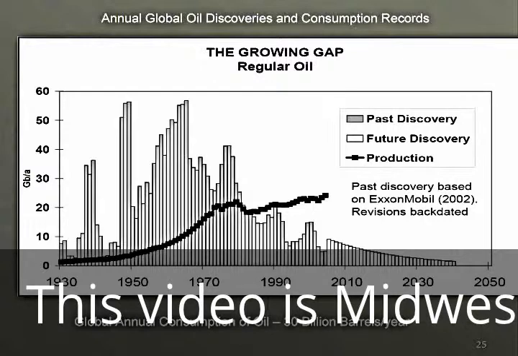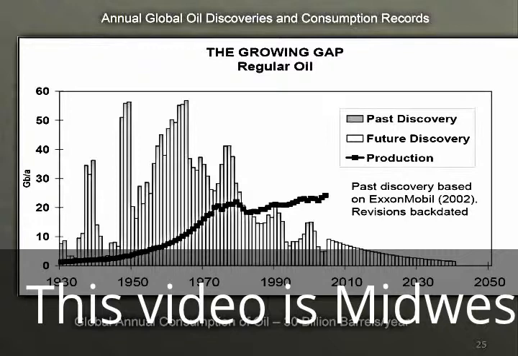If you look at the next slide, 25, this was the slide. I remember seeing this chart, and this is when I had my peak oil moment. These vertical lines represent the billions of barrels of oil that are discovered in a given year. For example, look at 1948, 49. We're discovering 50 and 55 billion barrels of oil in a given year.